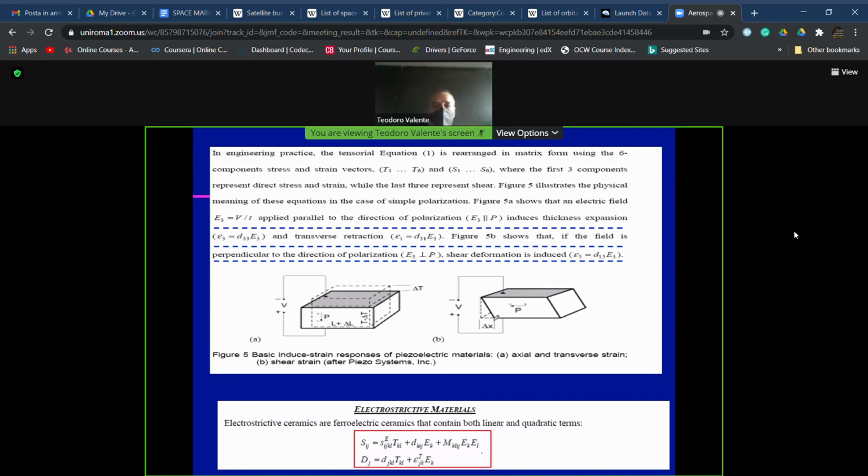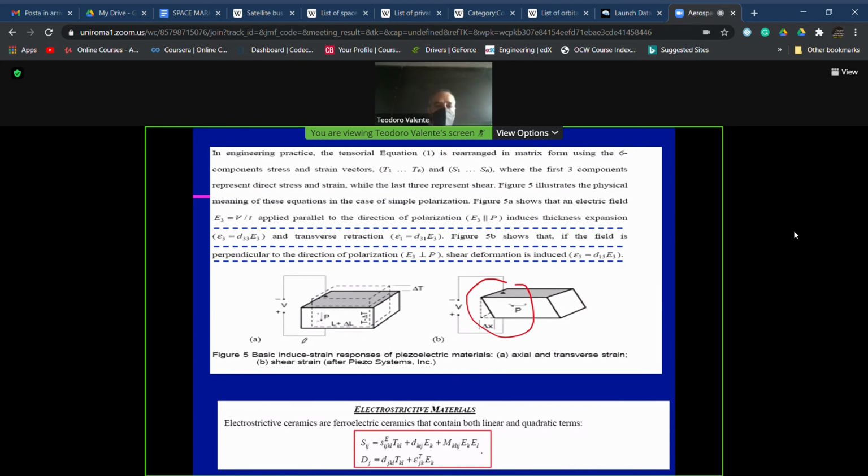In the case in which we apply, like in this case, an electric field which is perpendicular, that is orthogonal, to the residual polarization vector, we again have a strain, but this is not a normal strain, this is a tangential strain, a transverse strain.